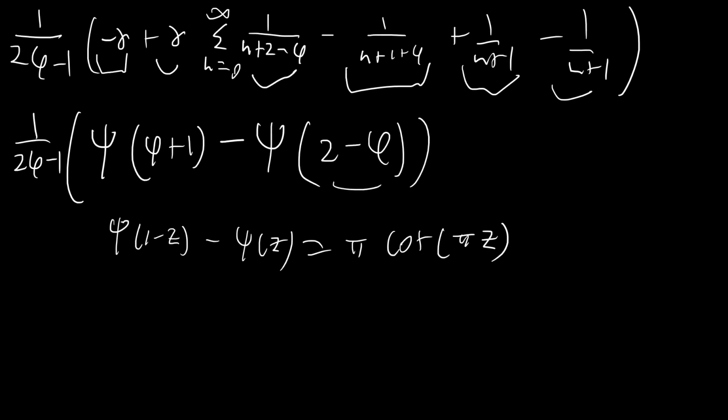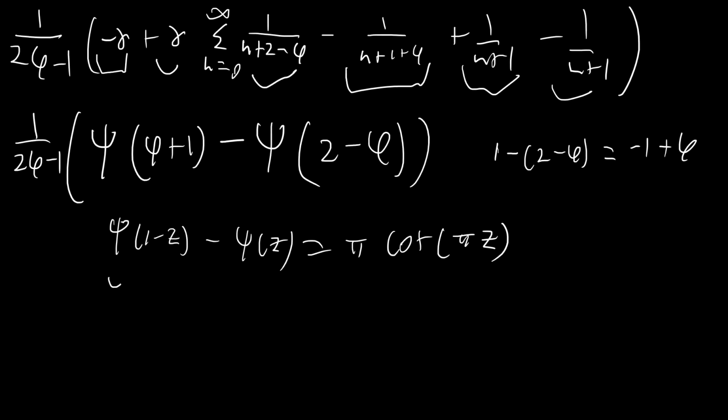But it's not our z yet. So as you can see, 1 minus 2 minus phi is equal to negative 1 plus phi, right? So we actually have to reorganize this a little bit in order to use our identity.